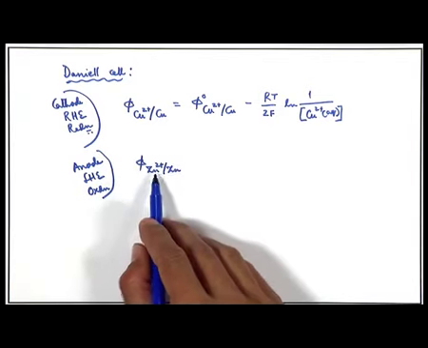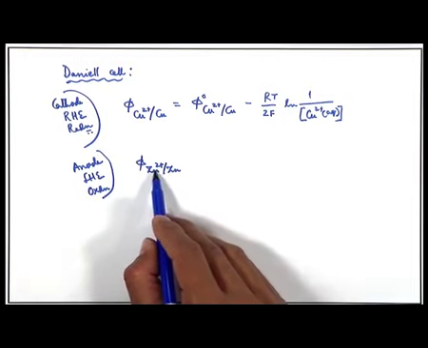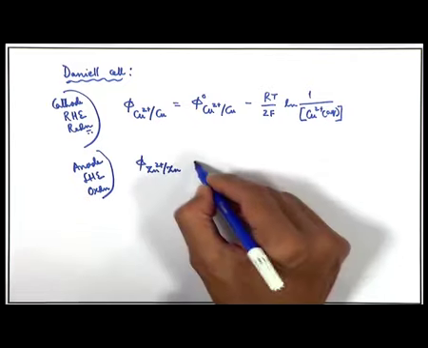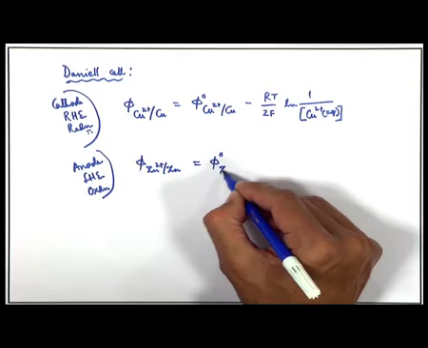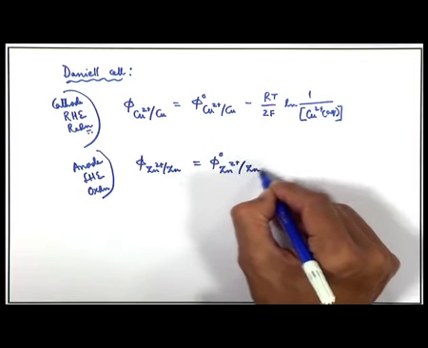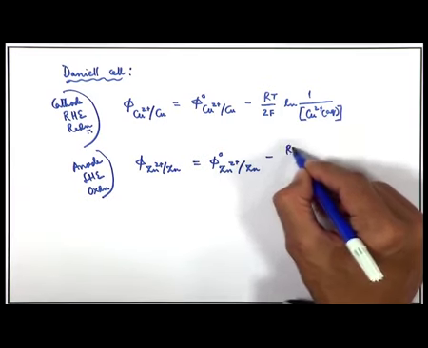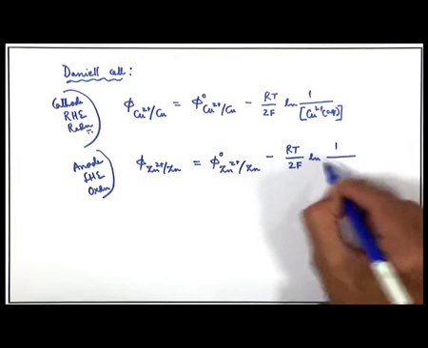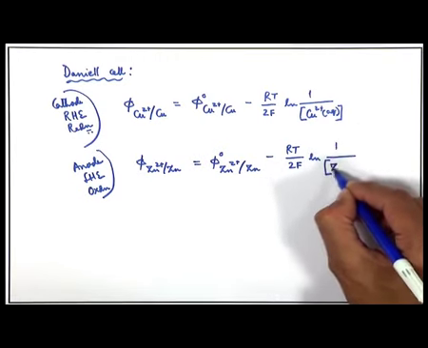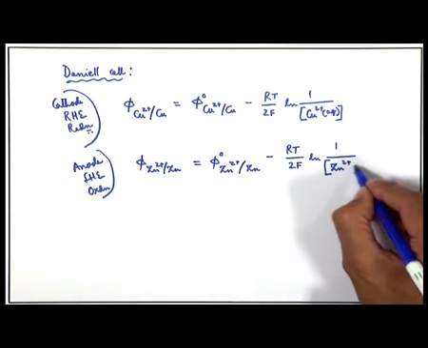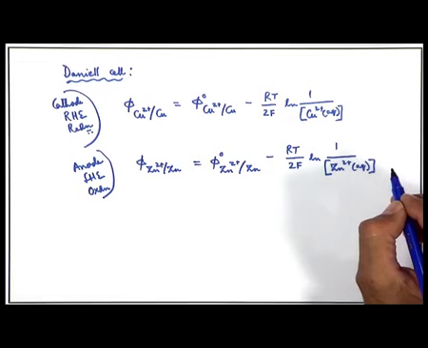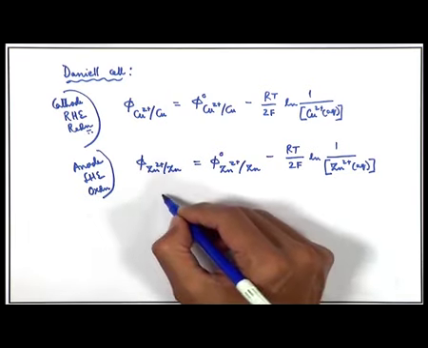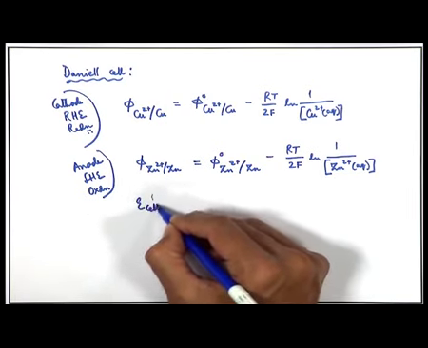We are using the reduction potential values, that is why it is first zinc 2 plus, then zinc 0. So, the process is from here to here. So, phi 0 zinc 2 plus zinc minus RT by twice F ln 1 by concentration of zinc 2 plus aqueous. Okay. So, what do we get?